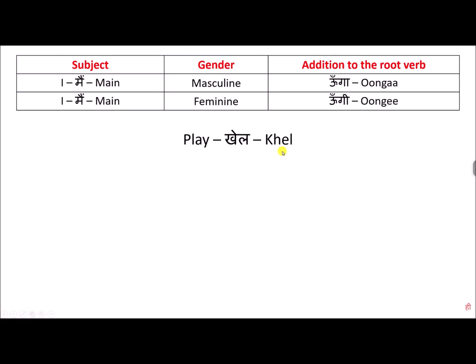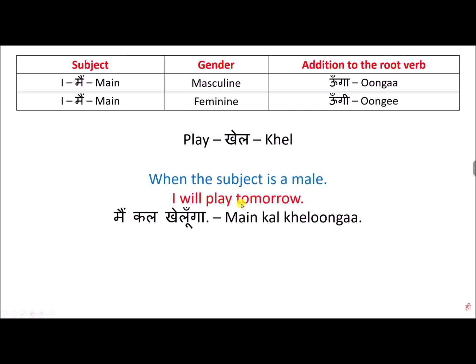Alright. Now, I will use the same verb with all the subjects so that you will be able to understand how the sentences are formed. Okay? So, I will play tomorrow in Hindi is मैं कल खेलूंगा. मैं is I, कल is tomorrow, खेलूंगा is will play.